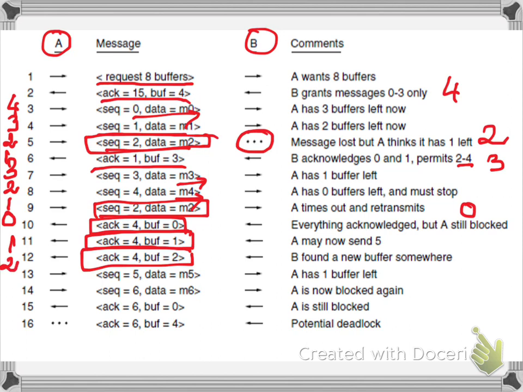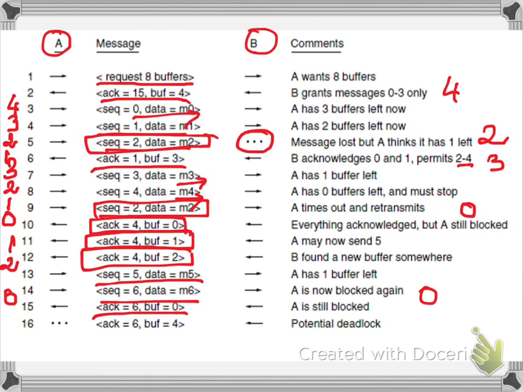Now A has got 2 buffer space, so it sends 2 more data. After sending 2 more data, it is 0, so A is blocked again. The message says acknowledge 6, and buffer size is 0. If it is 0, A cannot send anymore. A will have to wait.